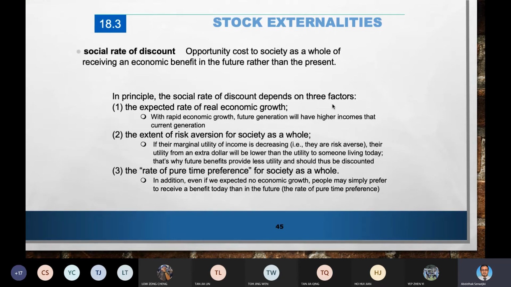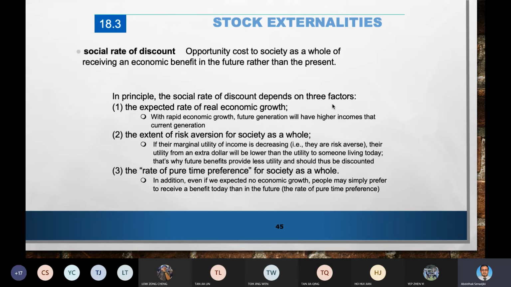The extent of risk aversion of a society as a whole, what does it mean? Risk aversion, I think you know it, you have studied in Microeconomics 1. It is people's tendency to prefer outcomes with low risk or uncertainty rather than high risk or a high level of uncertainty.